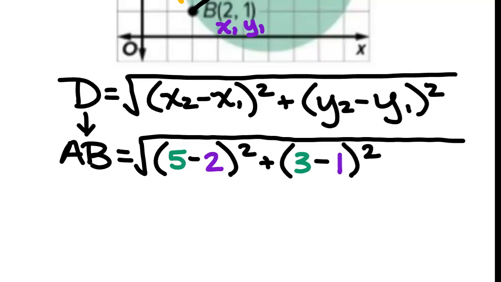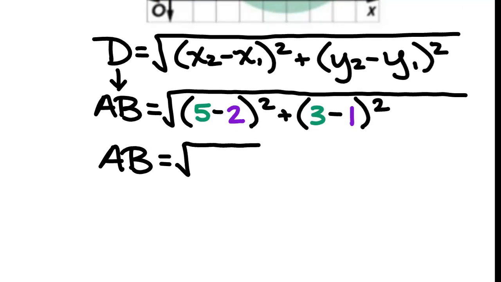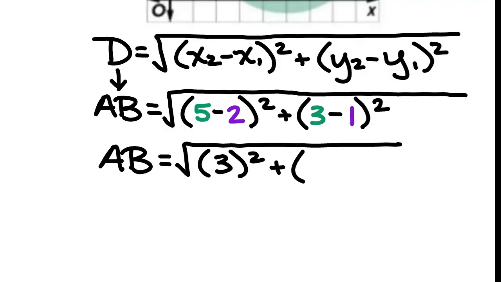Close the parentheses and square it. What is 5 minus 2? 3. So I have 3 squared plus 3 minus 1, 2 squared.